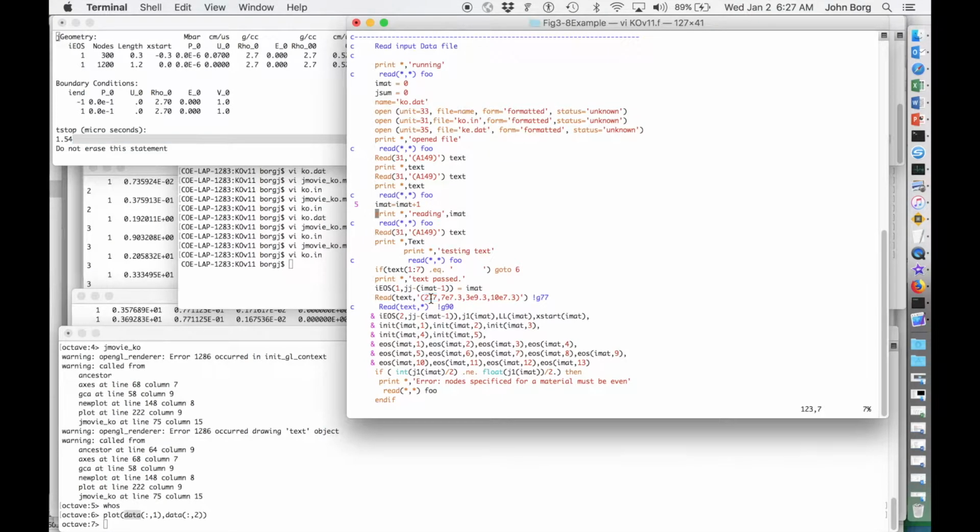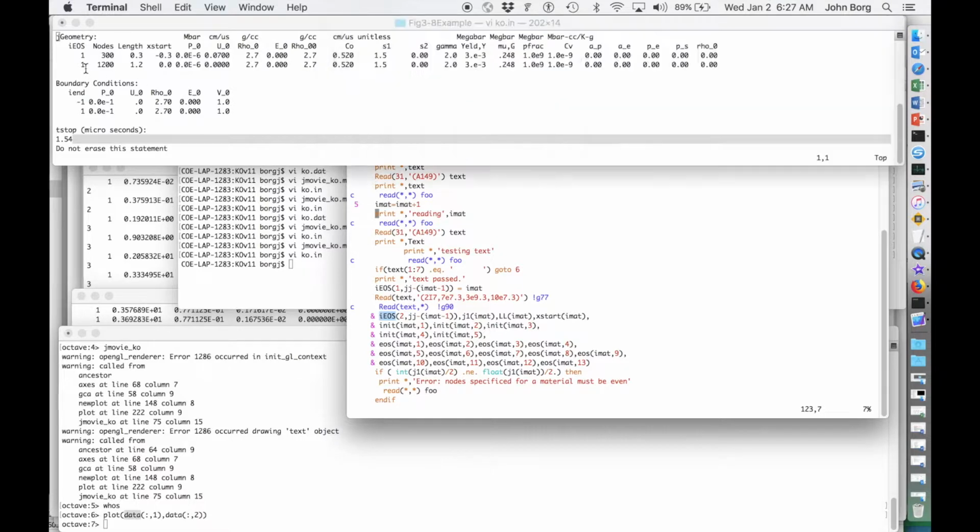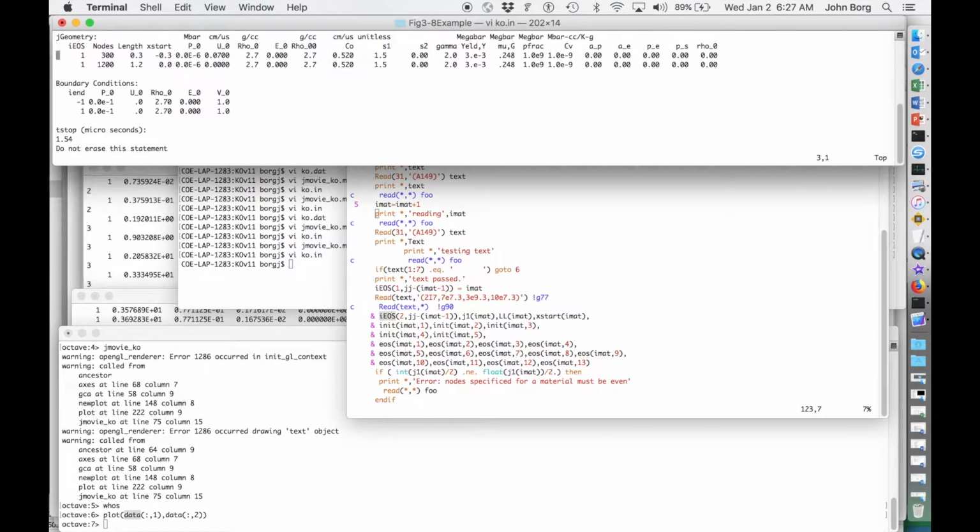For example, the first variable that it's going to read is this IEOS, and it's expecting to see that in the first 7 characters formatted as an integer. So if I go down here and highlight this, look at where my cursor is. If I count over 1, 2, 3, 4, 5, 6, 7, that represents IEOS right here, these first 7 characters.